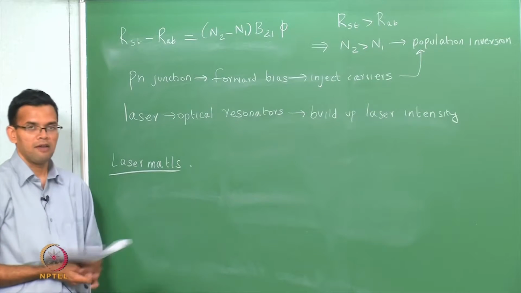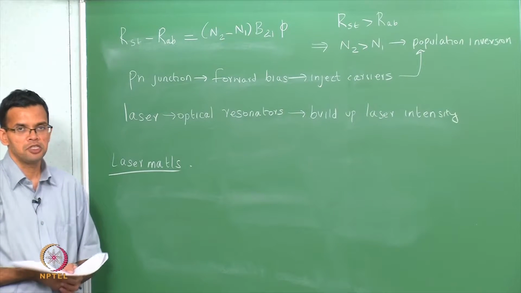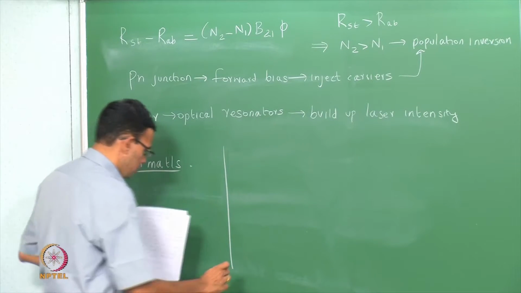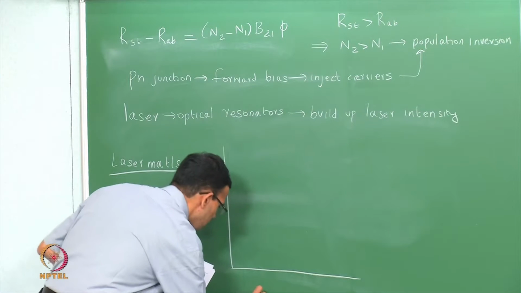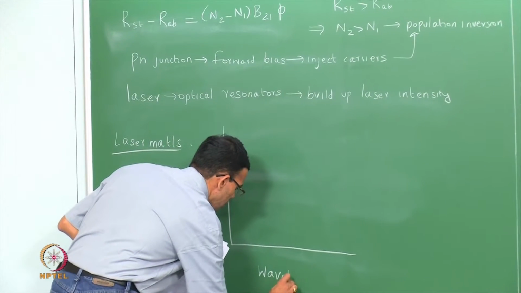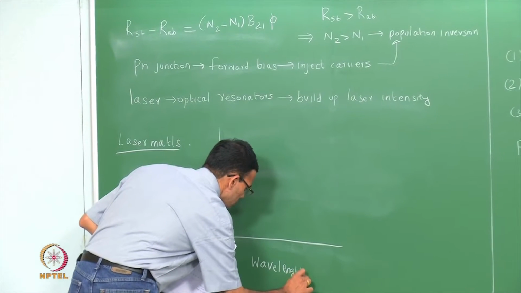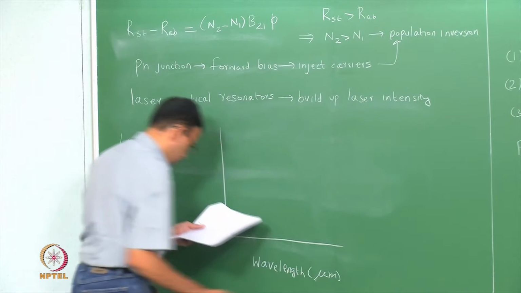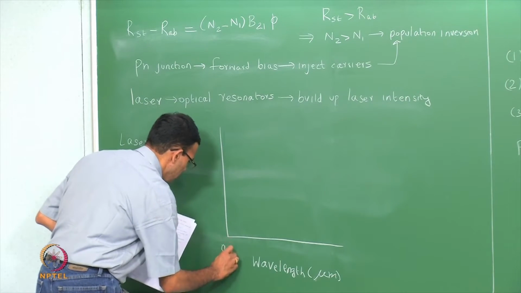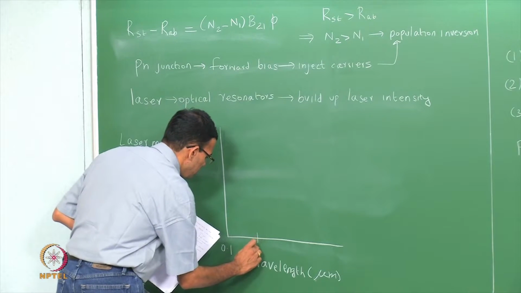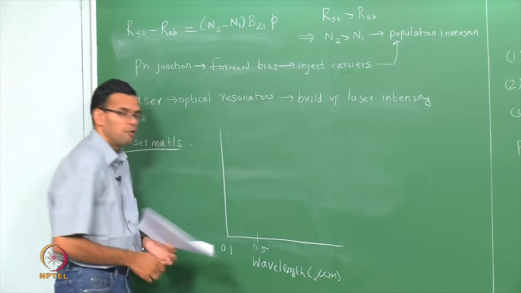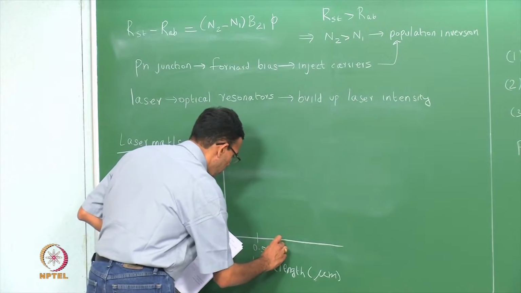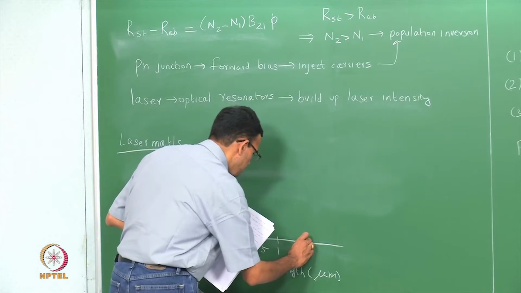I will just draw a graph to show you some of the materials used in different wavelength regions. So, I have wavelength on my x axis, the units is micrometers. 0.1 micrometers is 100 nanometers, so that is the UV region. 0.5 is in the middle of the visible region, 1.